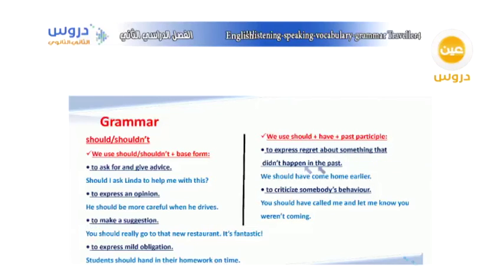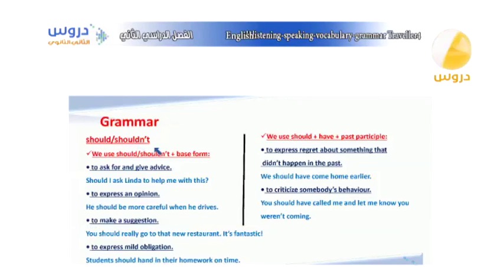First, to express regret about something that did not happen in the past: we should have come home earlier. So you're trying to express some kind of regret. You wish you had done things in a different way. And also to criticize somebody's behavior. Someone has made a mistake, so you're giving them some kind of criticism. You should have called me and let me know you were not coming.